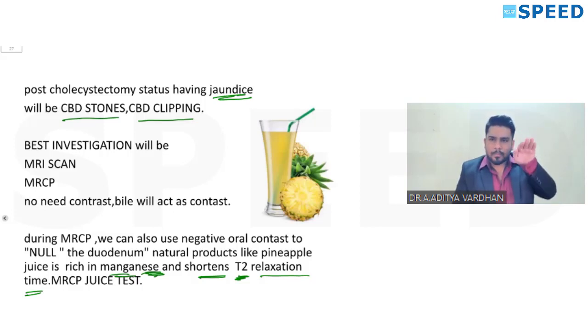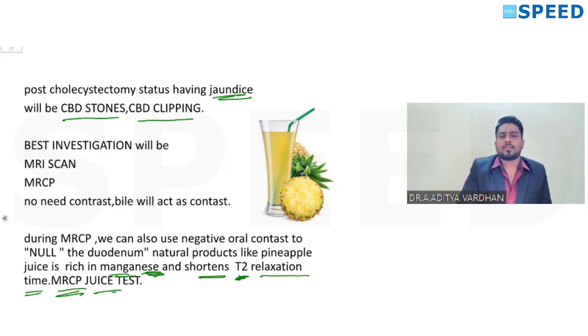This pineapple juice will suppress the duodenum so that we get better visualization of the biliary radicals and biliary tree. Hence, we can use pineapple juice. This can be a future question, a very interesting question. That is called the MRCP juice test in radiology.